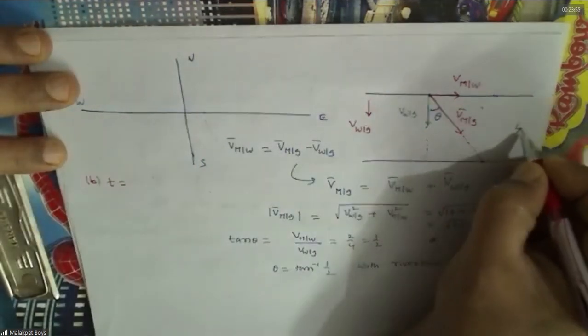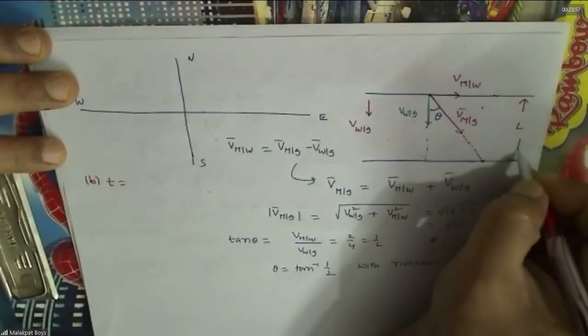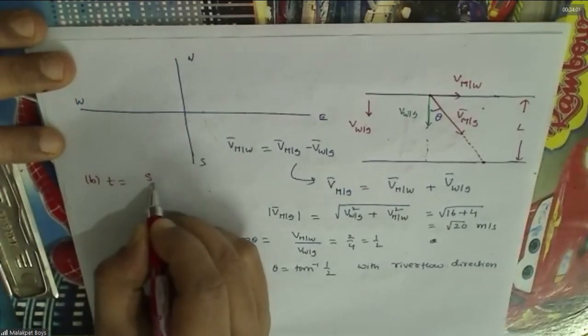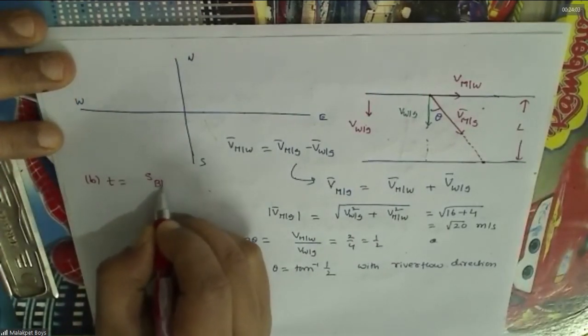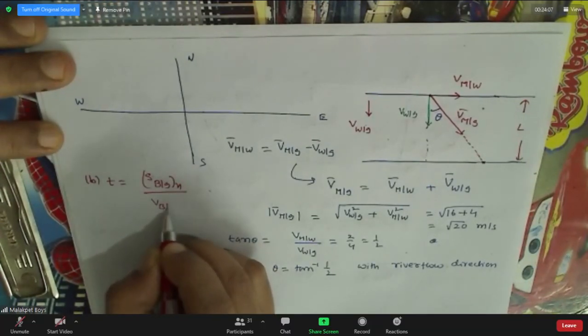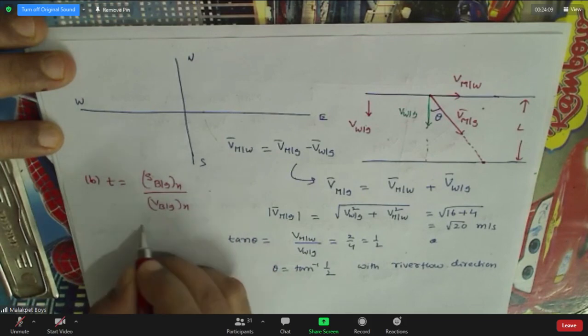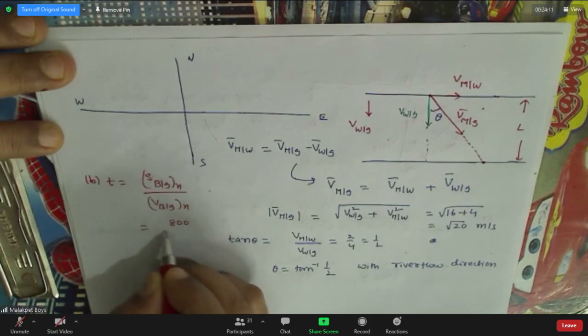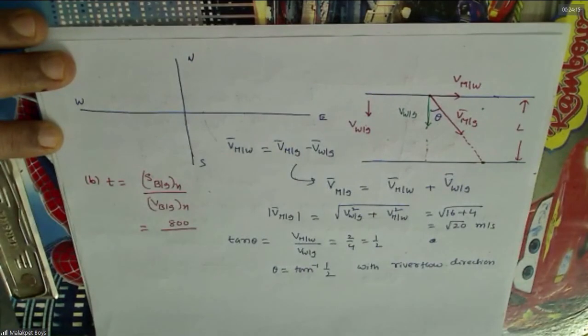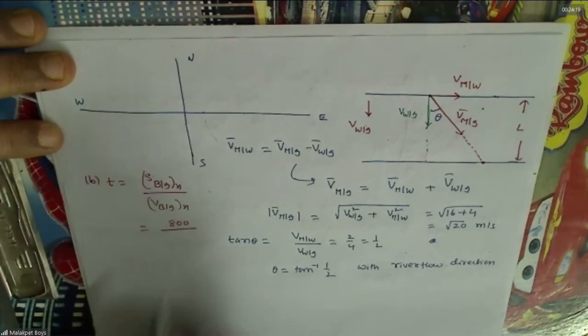This is L. This is 800. What is the x velocity in this direction? 4.